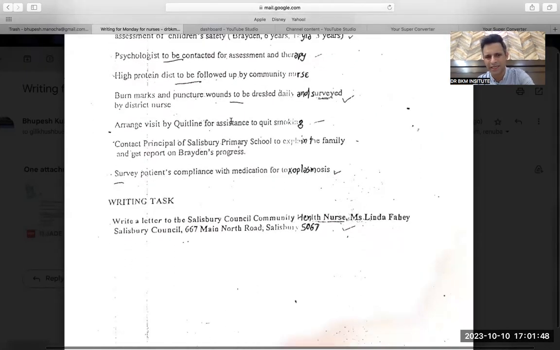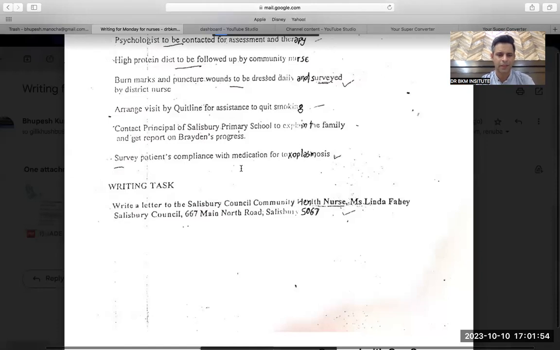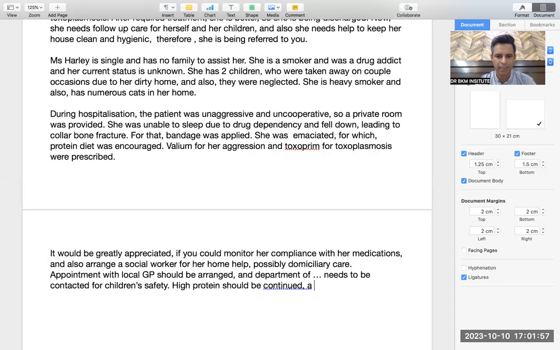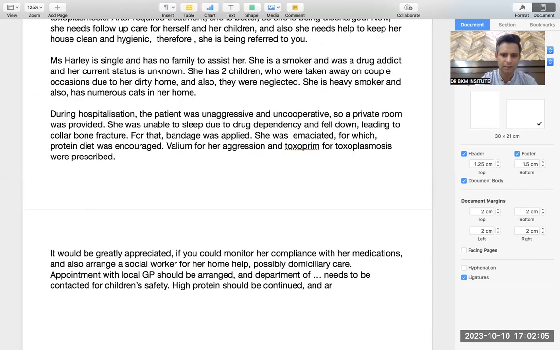Puncture wounds I didn't write, so I won't write it. And quit line for assisting quitting smoking. Arrange visit by the quit line. So I will write the same line, arrange visit by the quit line, because it is already a very simple and nice sentence. Visit by the quit line for quitting smoking.